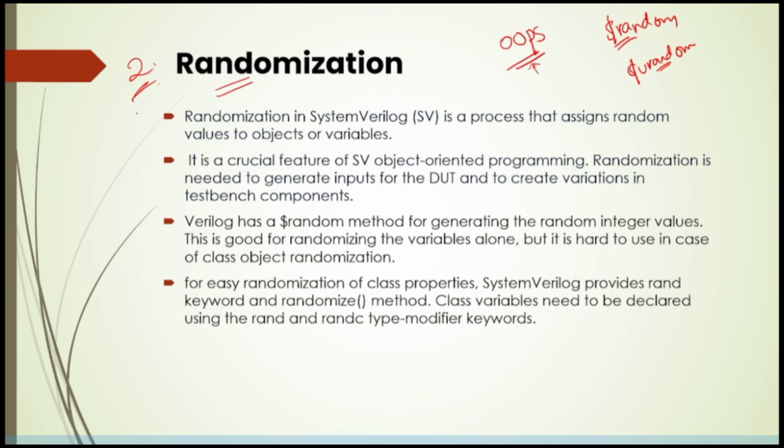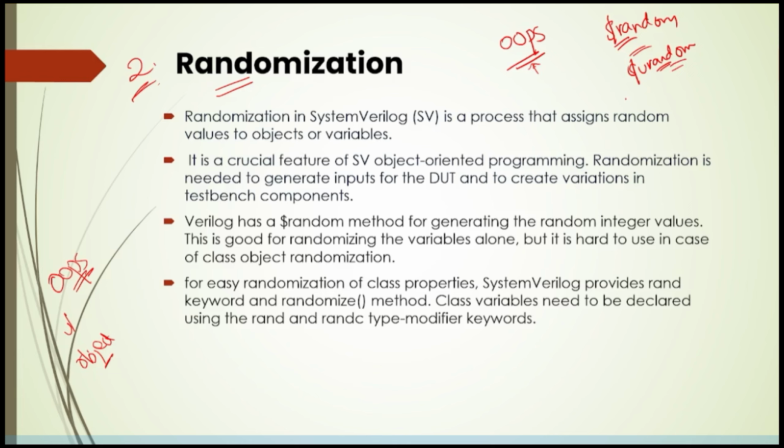The main reason is that in SystemVerilog you have OOPs, which means everything is object based. In Verilog, since there is no OOPs, it was designed to generate random values for variables but not for objects.